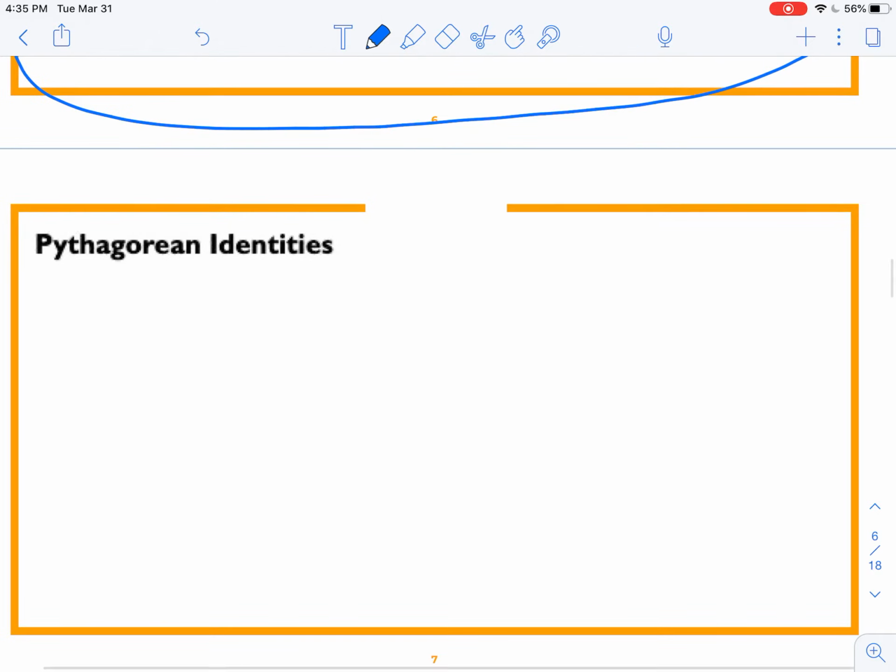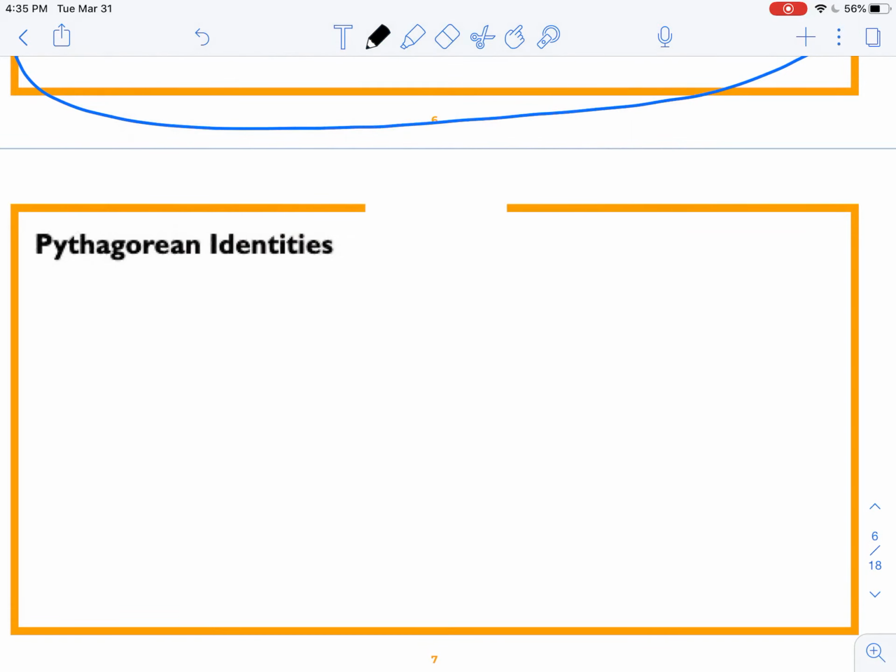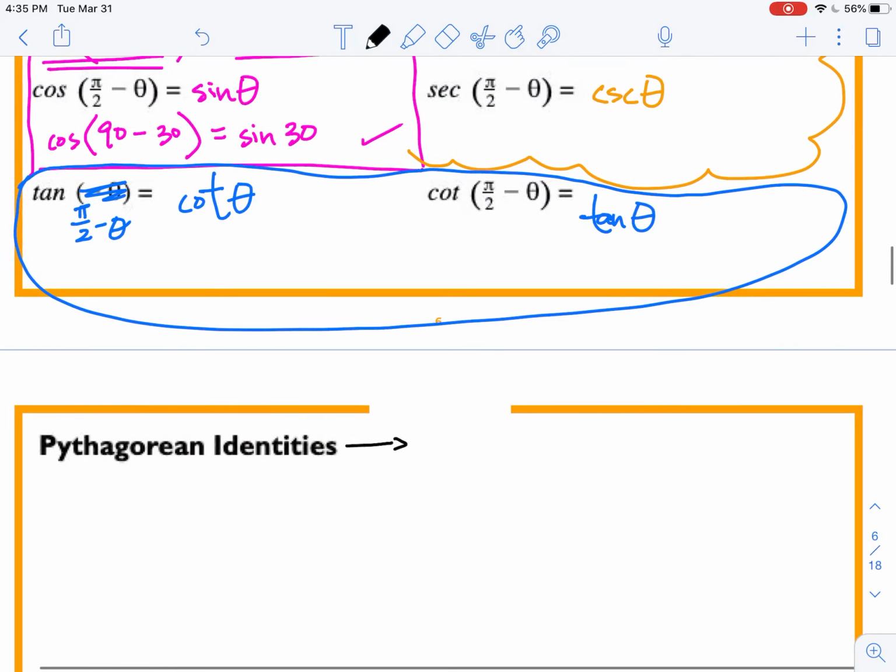Okay. Last part of this video is we're going to talk about the Pythagorean identities. Now, when we talk about the Pythagorean identities, there are actually 3 of these. And as you can tell from all the stuff we've already seen, there's a lot of stuff to memorize.